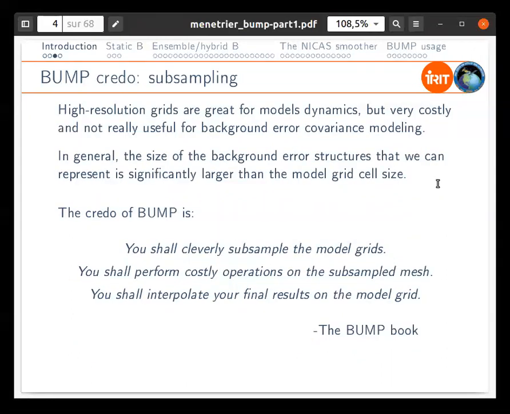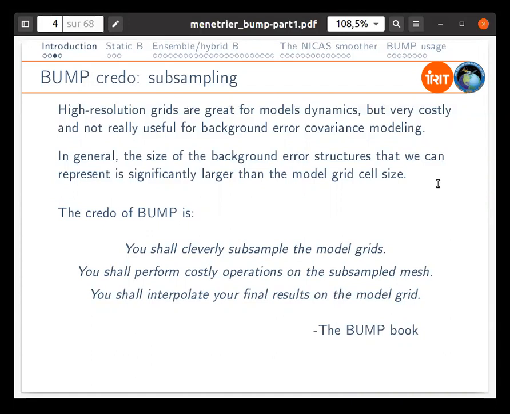The real core of BUMP implementation is subsampling, because we know that high resolution grids are really great for model dynamics, but they are very costly, and for data assimilation they are not always useful, especially for background error covariance modeling, because we want to spread information, and having a very high resolution grid is not always a good thing. In general, the size of the background error structure that we want to represent is really larger than the model grid cell size.